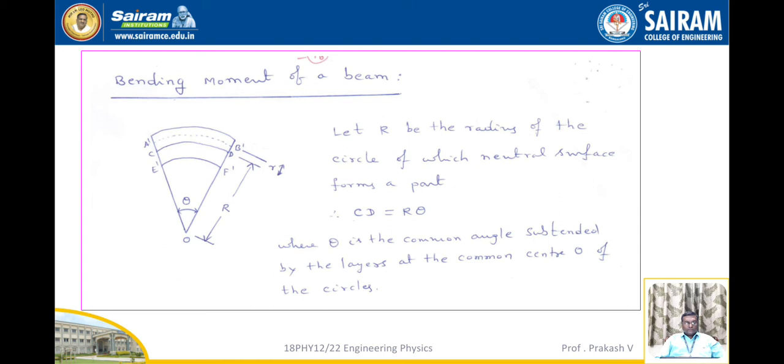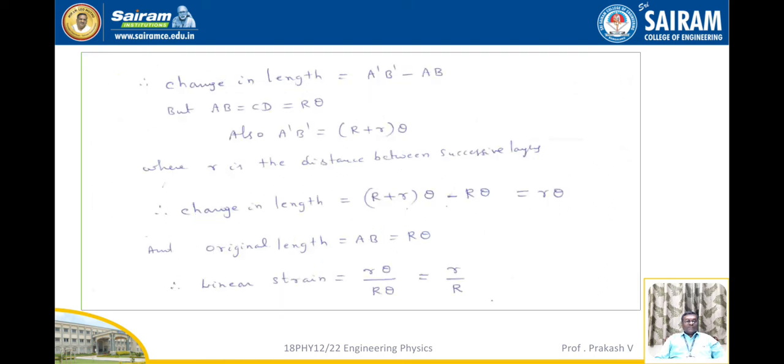Next, the change in length of the filament AB will be A dash B dash minus AB. But AB is equal to CD, which is equal to R theta.